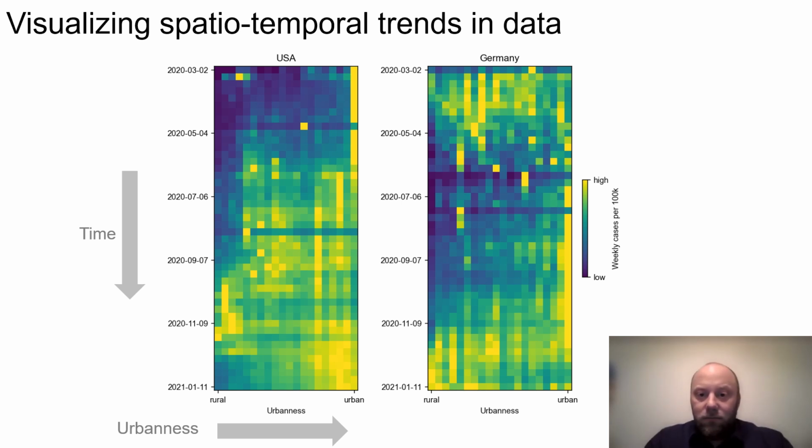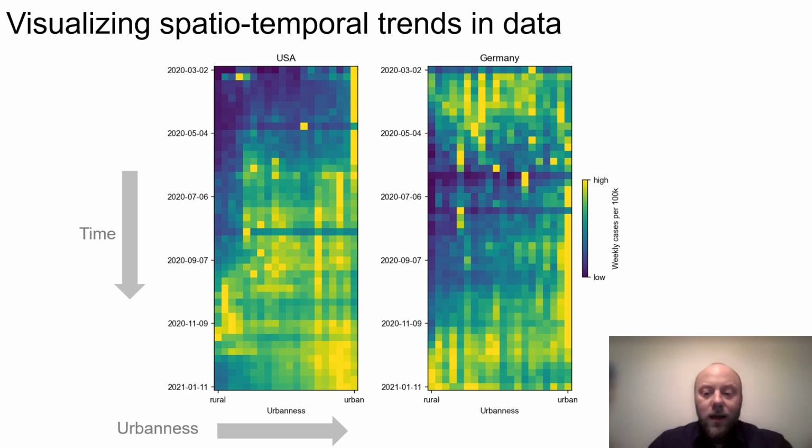And then infection rates went down towards May 2020, and there were occasional outbreaks in rural and semi-urban areas. And then again, towards the end of the study period, we had similar infection rates in urban and rural settings. So this is what these maps tell us.